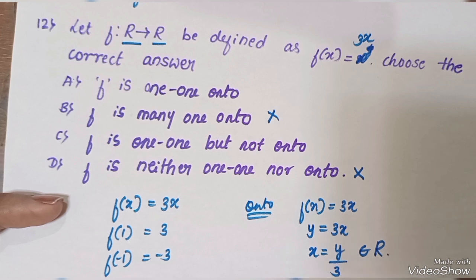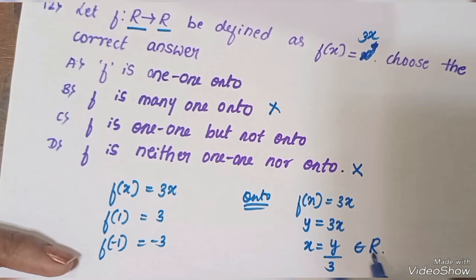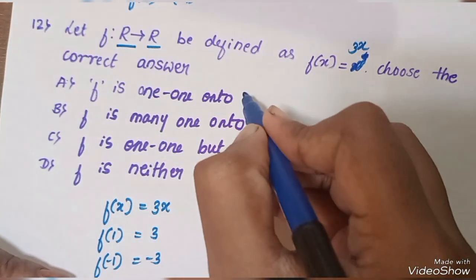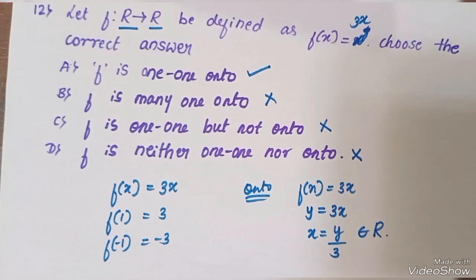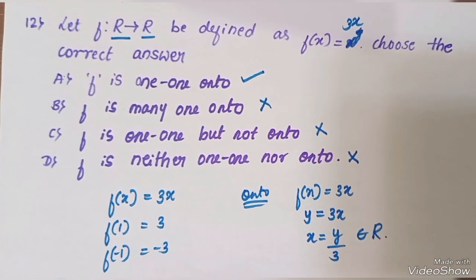Whenever we take y, we get a real number. Hence, it is onto. Therefore, option C is neglected. The correct option is f is one-one and onto. Okay. Up to this, the 1.2 exercise is completed.